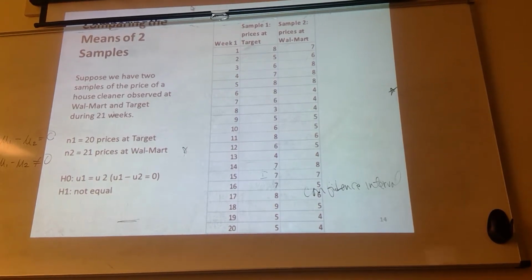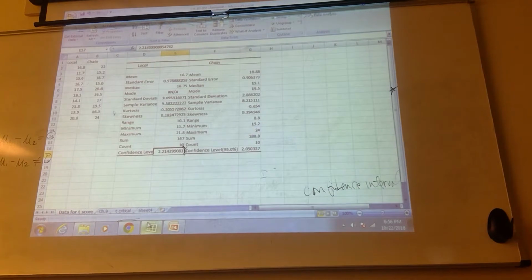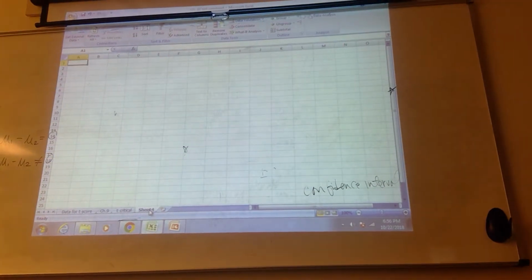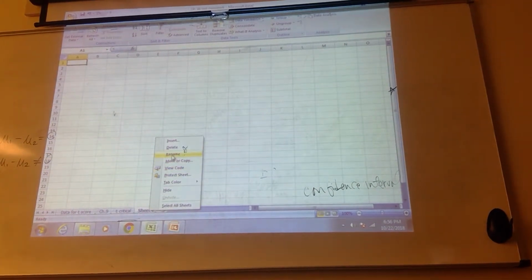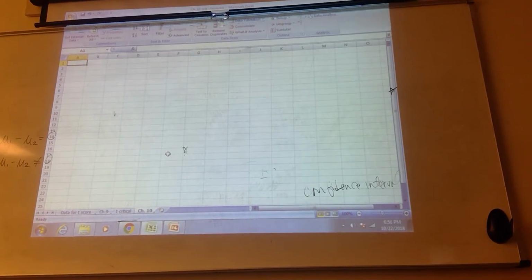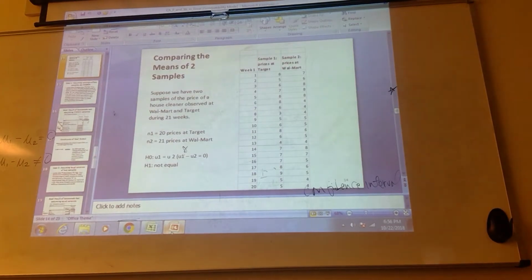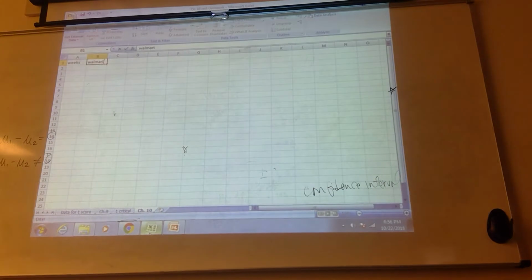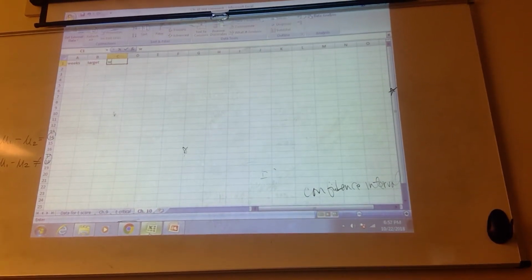So in your Excel file, under sheet 4, just rename it as chapter 10. Okay, and then you're going to want to do weeks, Target and Walmart.